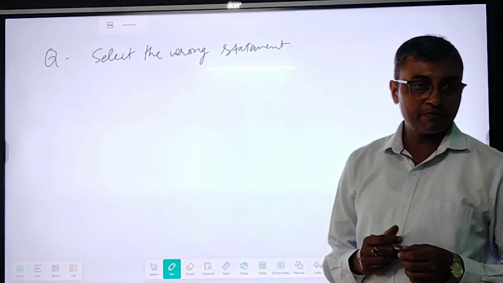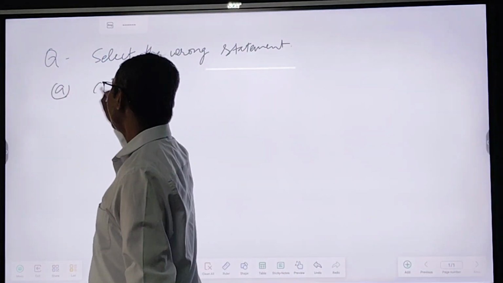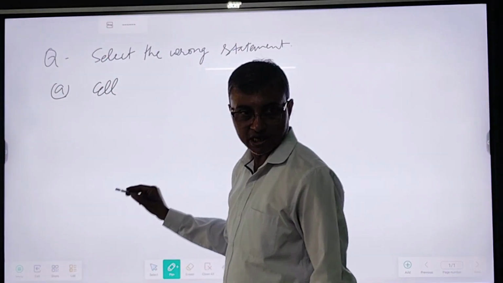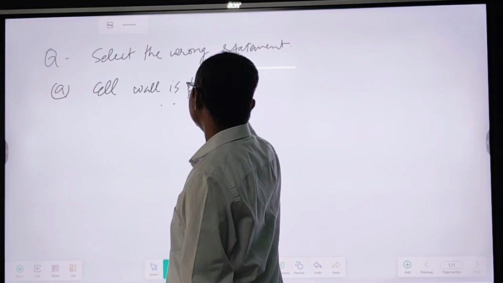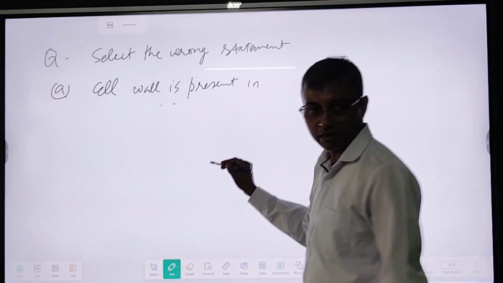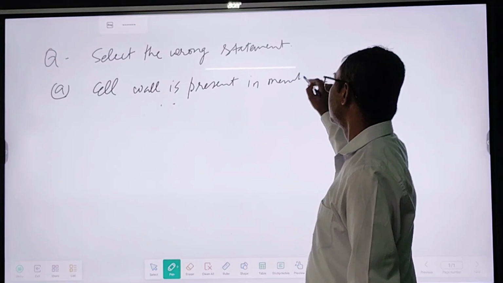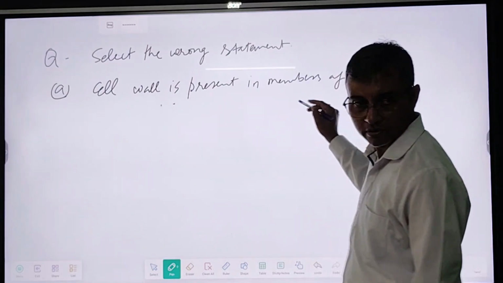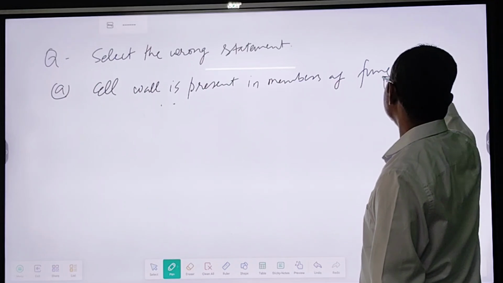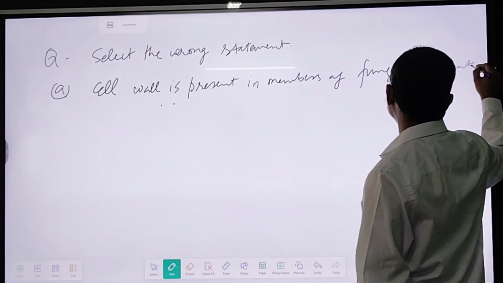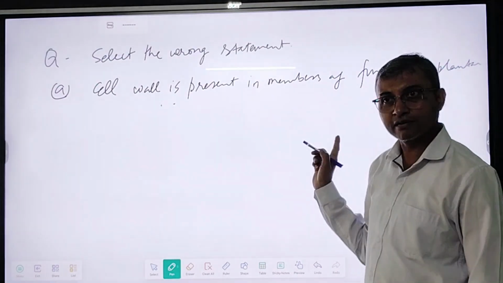Cell wall is present in members of fungi and plantae. Is this statement correct?